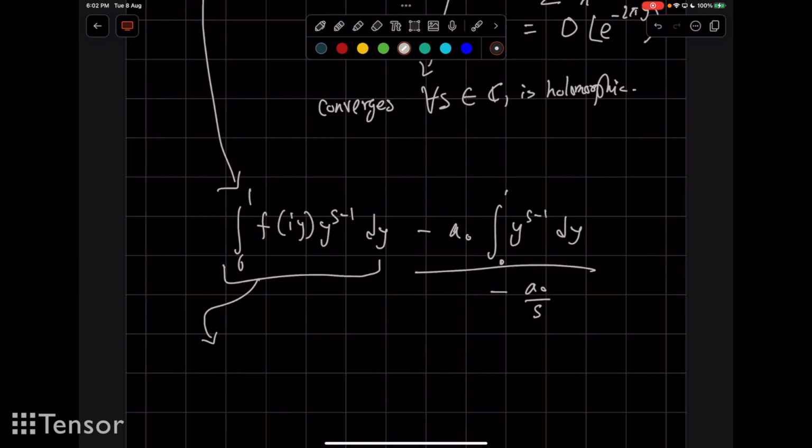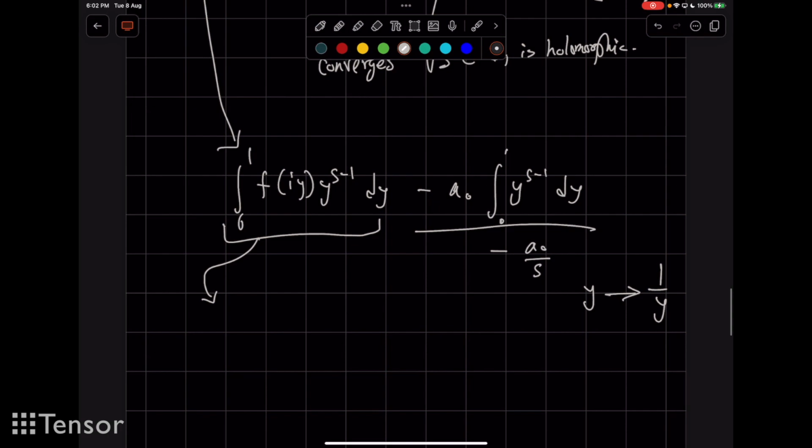For this as well, we shall do a change of variables, that is, we shall change y to 1 over y. So what do we get? We get f of i over y, which is actually f of negative 1 over iy.